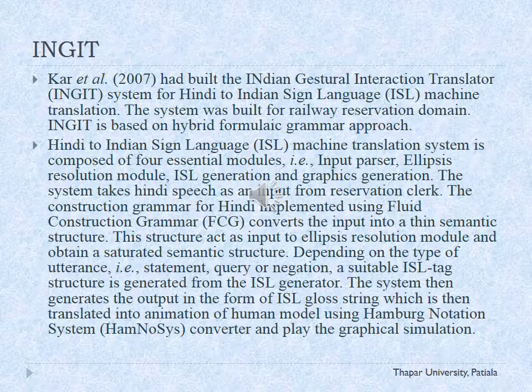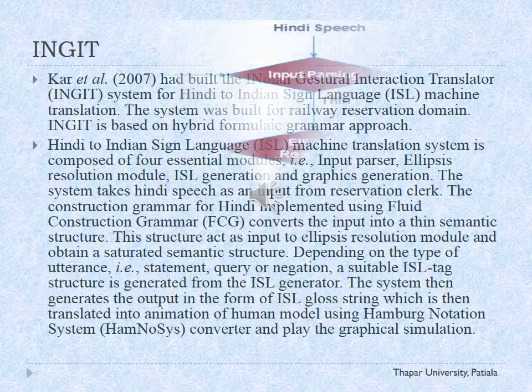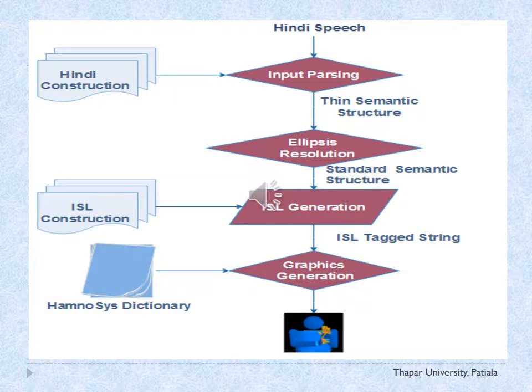The structure is then used by the ISL generator, which generates the ISL lore string and then translates it into HamNoSys using a human border, which is then further played as the graphical simulation. For this purpose, graphical generation uses the HamNoSys dictionary, that is a stored dictionary of words used in the system.